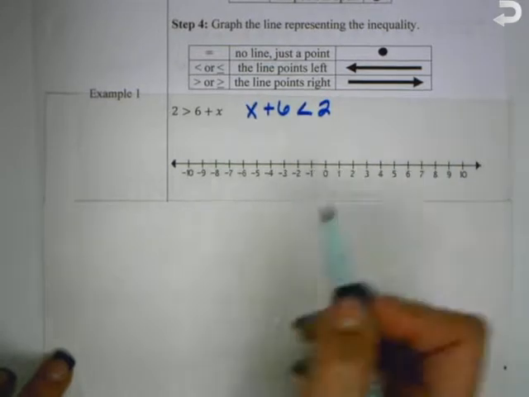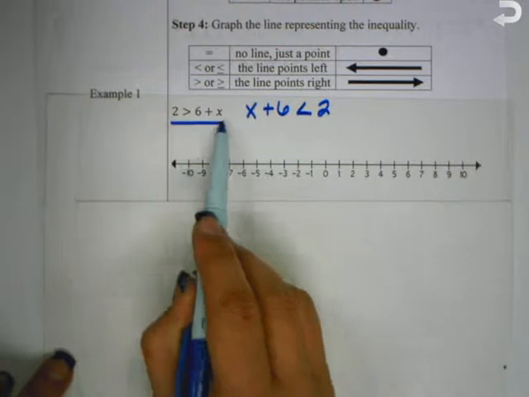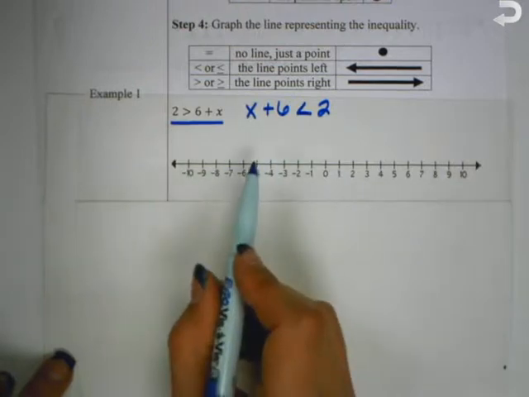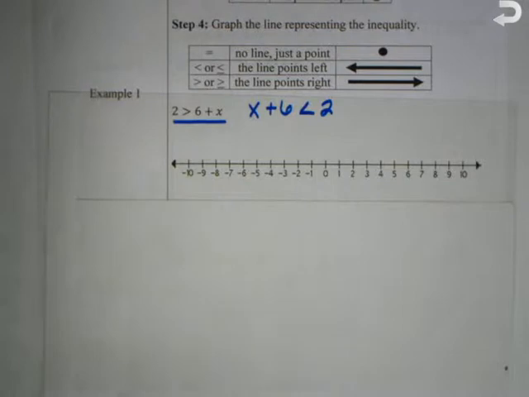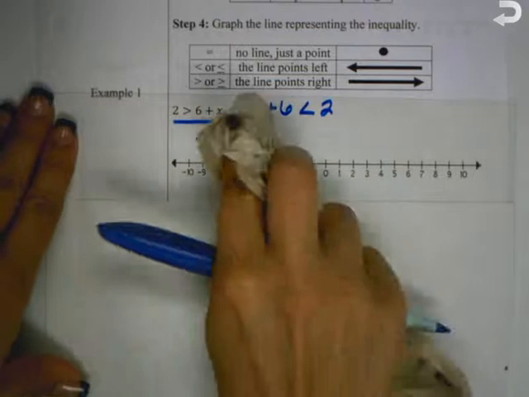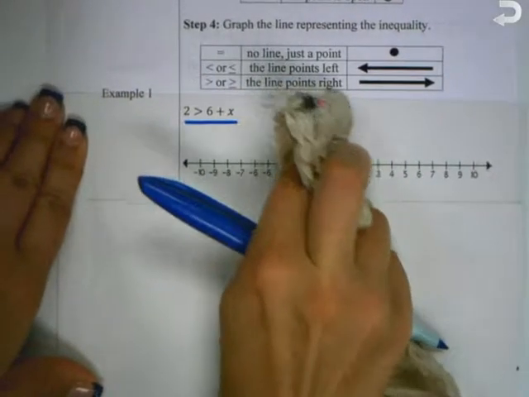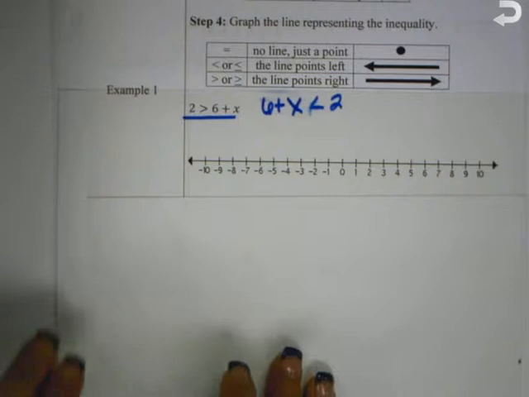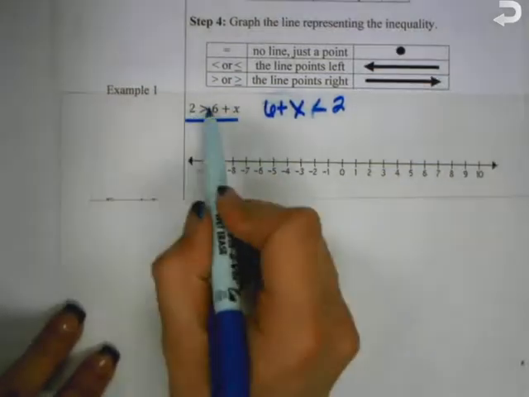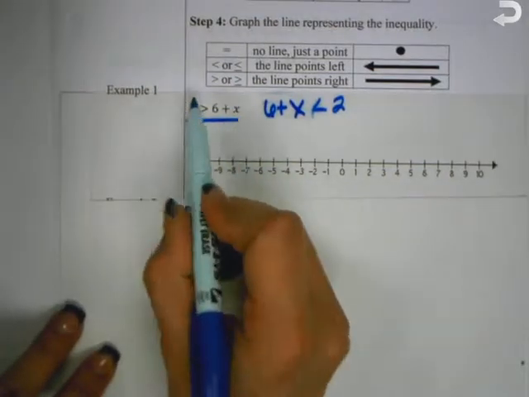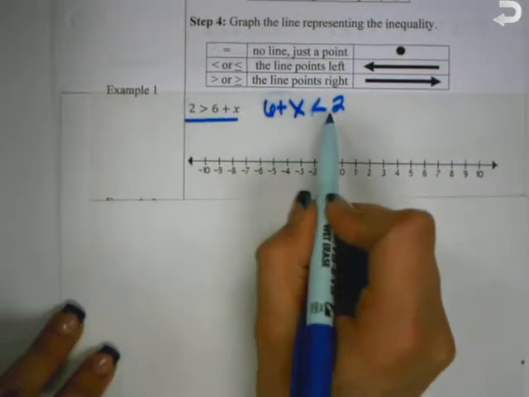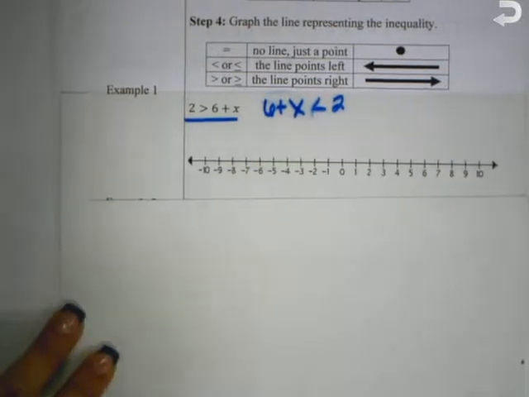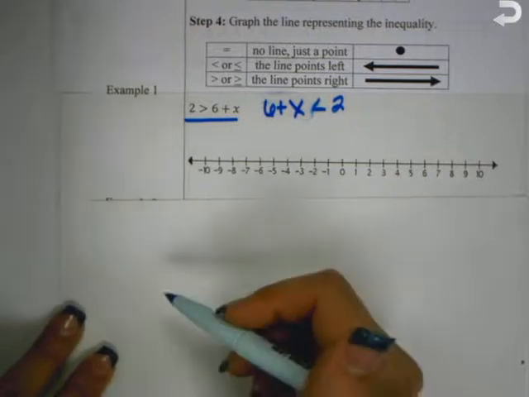It's exactly the same as what the original problem says, because what is the alligator mouth open to in the original problem? The 2. What's it open to after we flip it? Still the 2. So it's exactly the same. All it is is flipped. Now we can start solving.